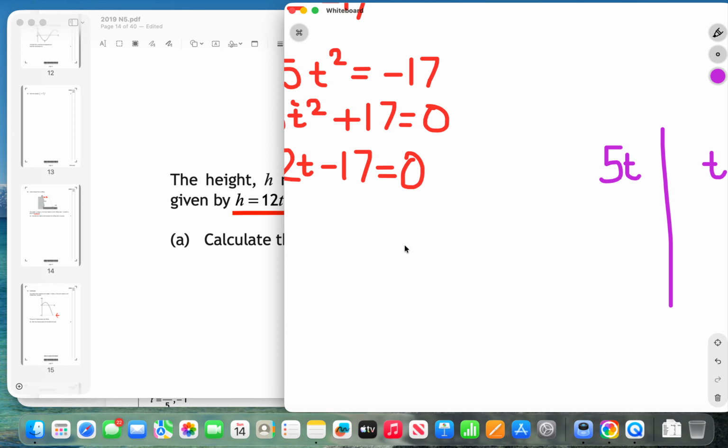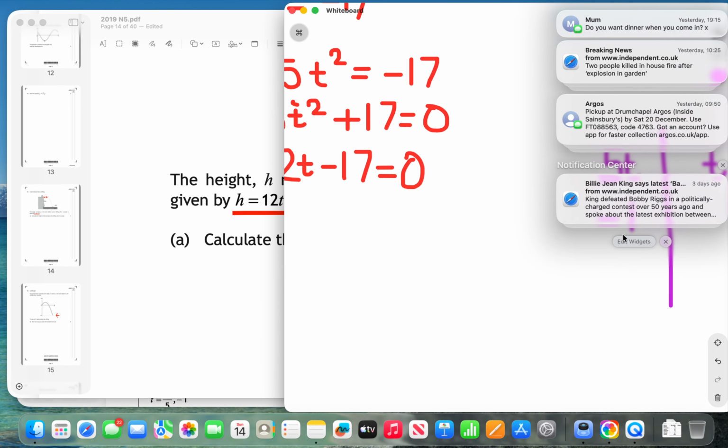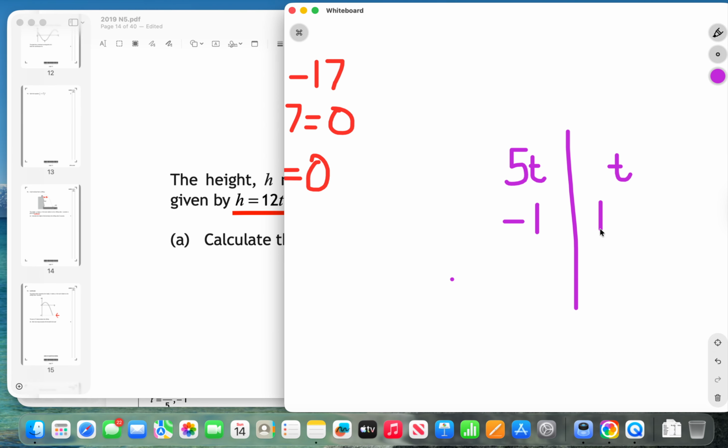So what we have to do is write down all numbers that multiply to make minus 17, all combinations such that one is positive and one is negative. So all pairs of numbers that make minus 17. So for example, you've got minus 1 and you've got 17.